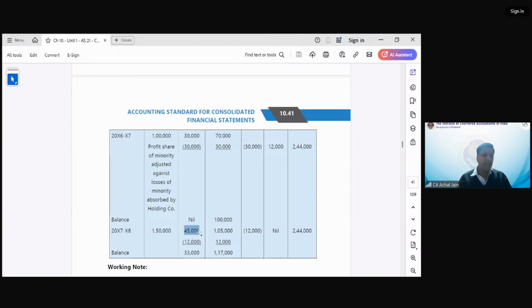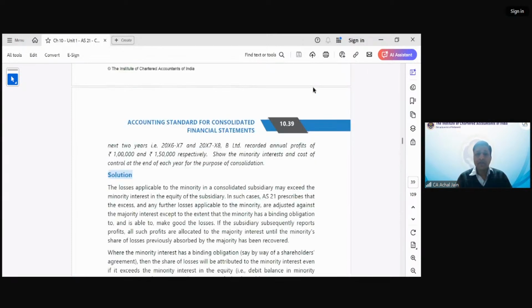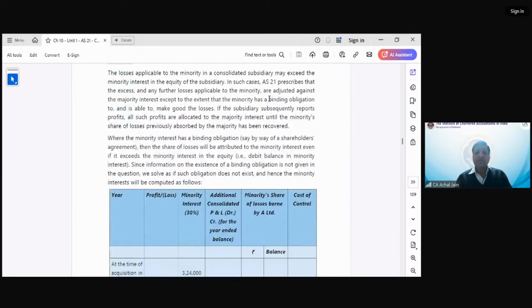Because let's get back to that requirement. What do you need to remember? That if the subsidiary subsequently reports profits, then all of such profits are allocated to majority interest until minority share of losses which were previously absorbed by majority have been recovered.